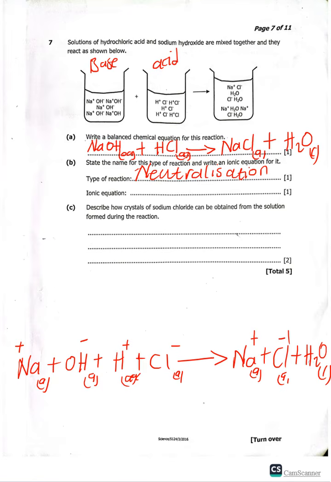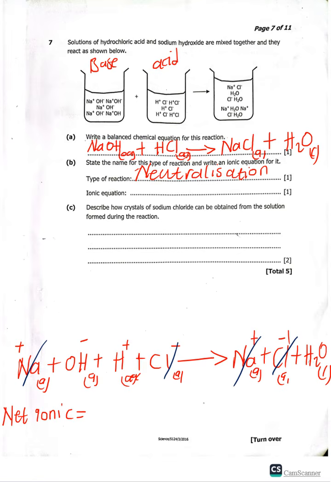So you only break those in aqueous phase. So this is our overall general ionic equation, but if we are looking for the net ionic equation, we cancel sodium here because these are spectator ions.